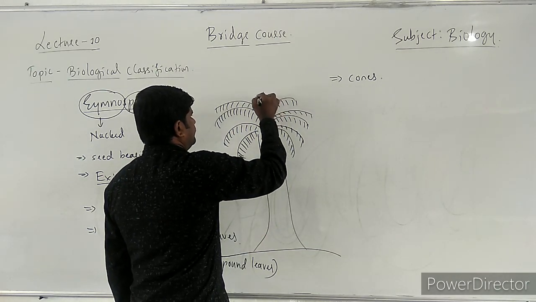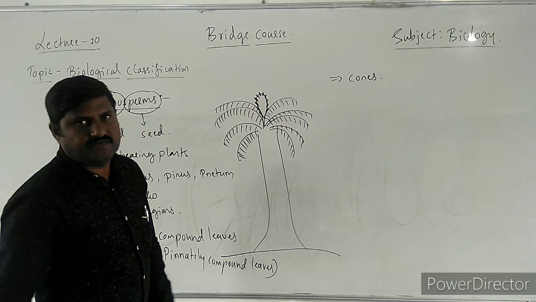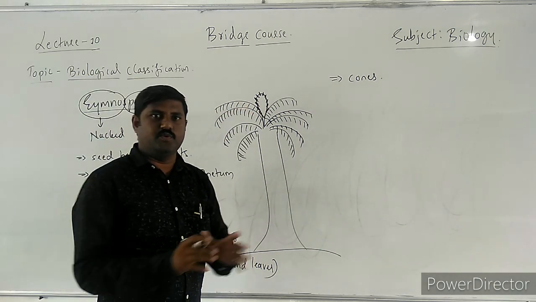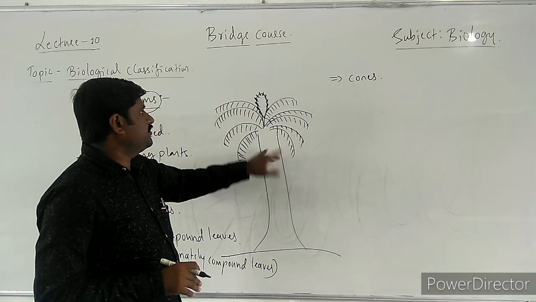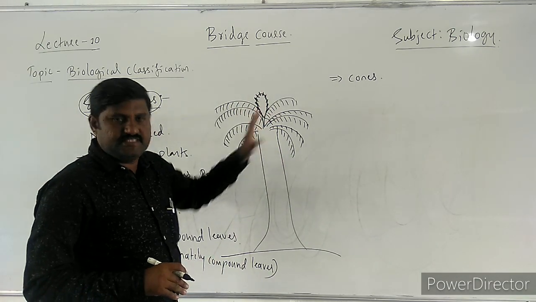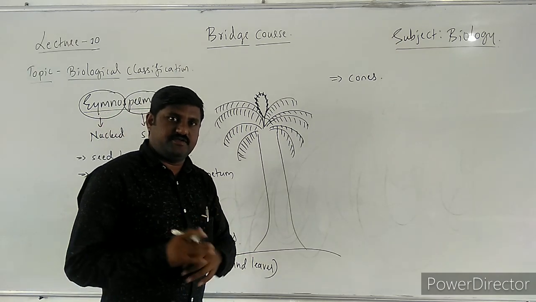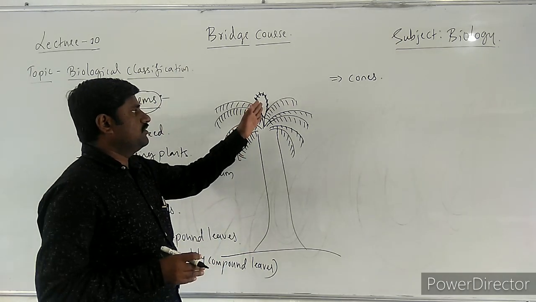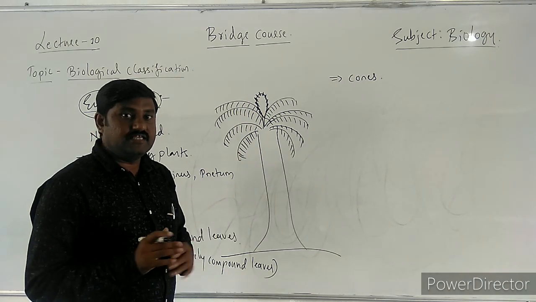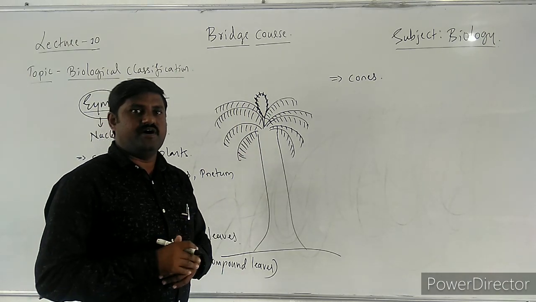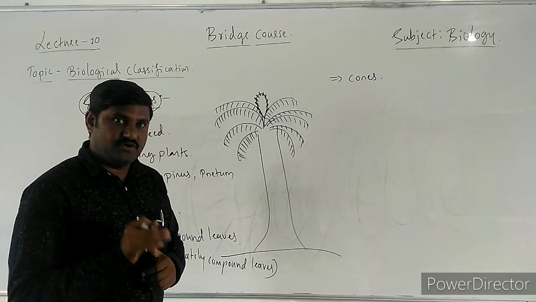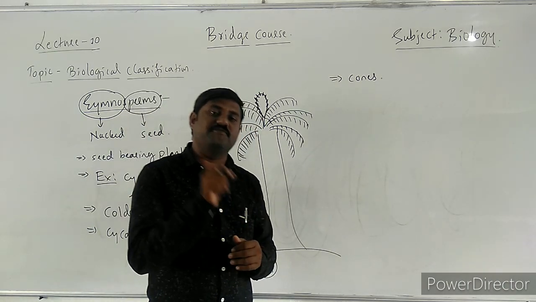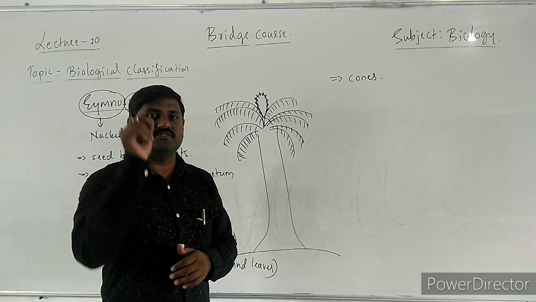And this cone is produced in different plants. The male plant as well as the female plant are separate here, right? So the male plant produces the male cone. In the same way, the female plant produces the female cone, right? These cones are made up of so many leaves, and those leaves, as you already know, are called sporophylls, spore producing leaves.